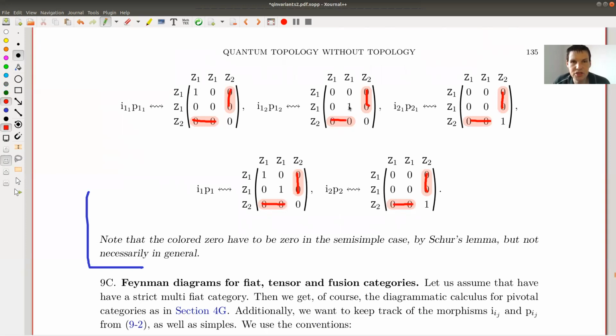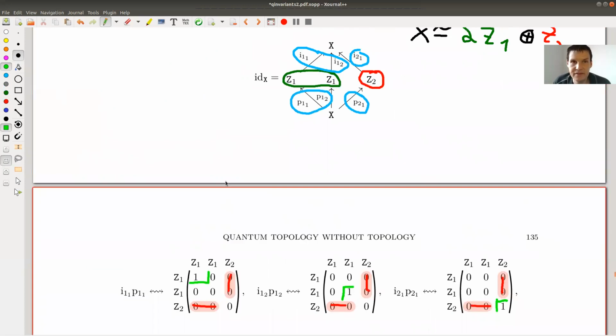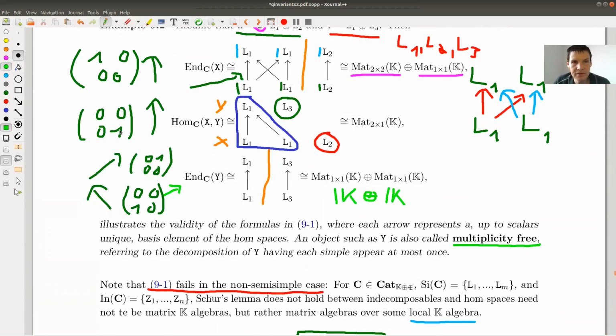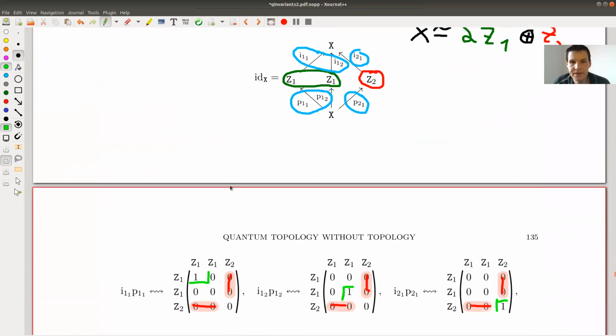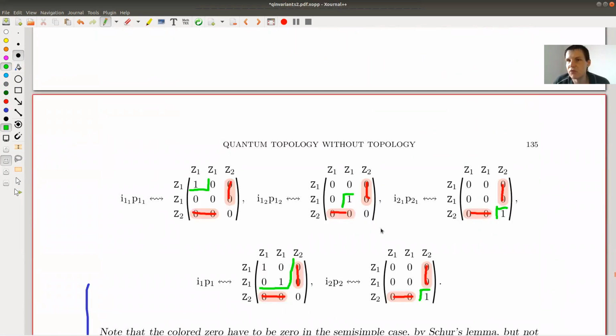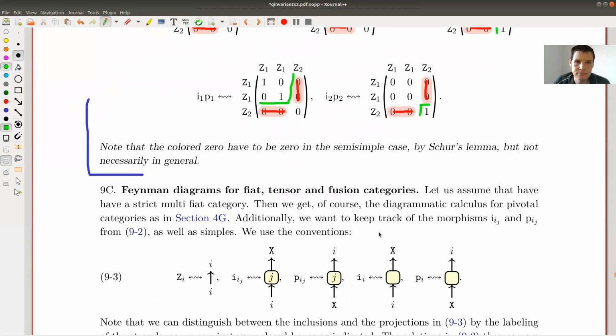And these are exactly the projections that I showed you. The ones on the isotypic components are exactly the identity matrices in those components, while the other ones are not necessarily unique. But the point is the mixed morphisms don't need to be trivial.